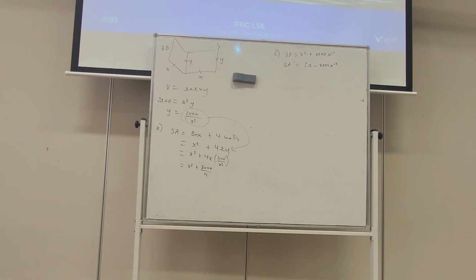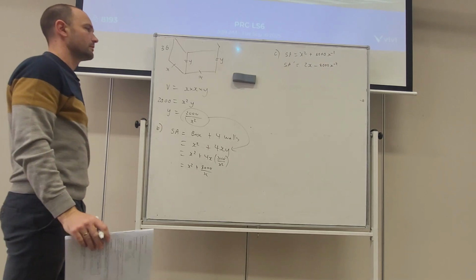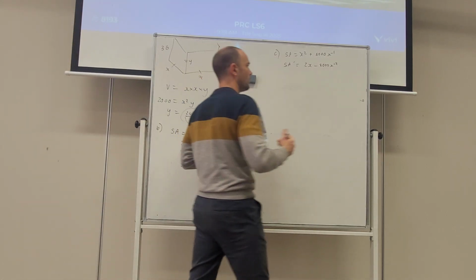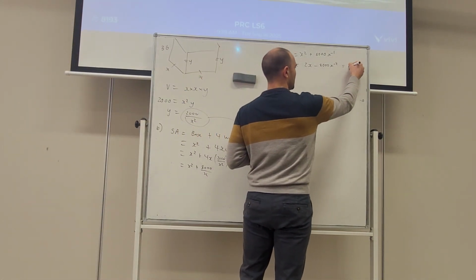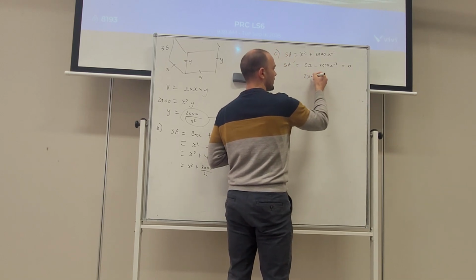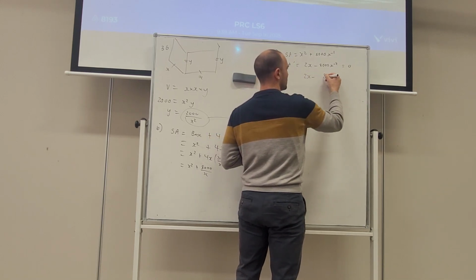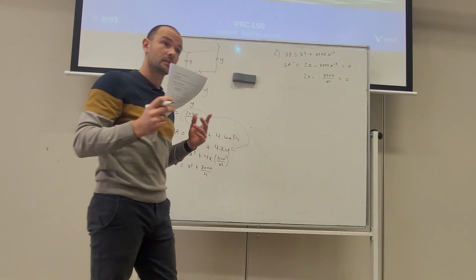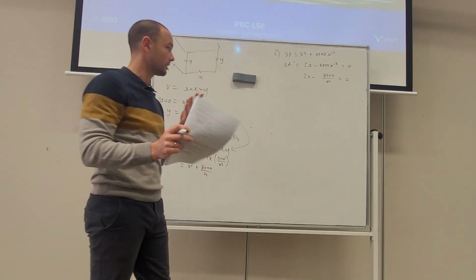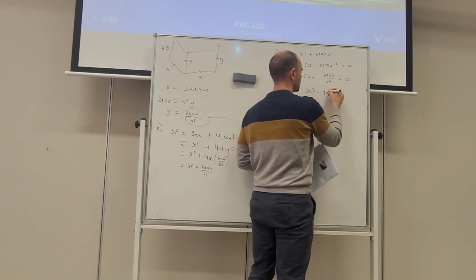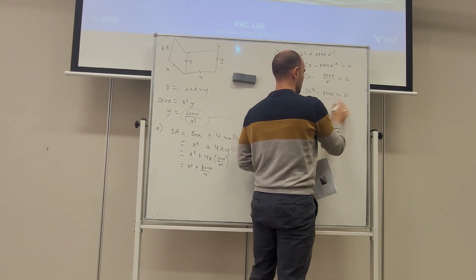And now we want to draw the derivative of this function or find its root. If we want to find the root, we're going to make it equal to 0. What we basically have here is 2x take 8000 on x squared, times both sides by x squared. We always want to get rid of denominators. And then we're just solving away.